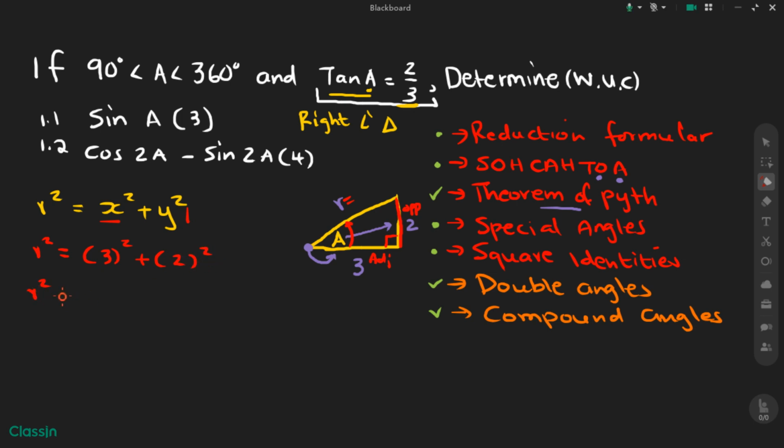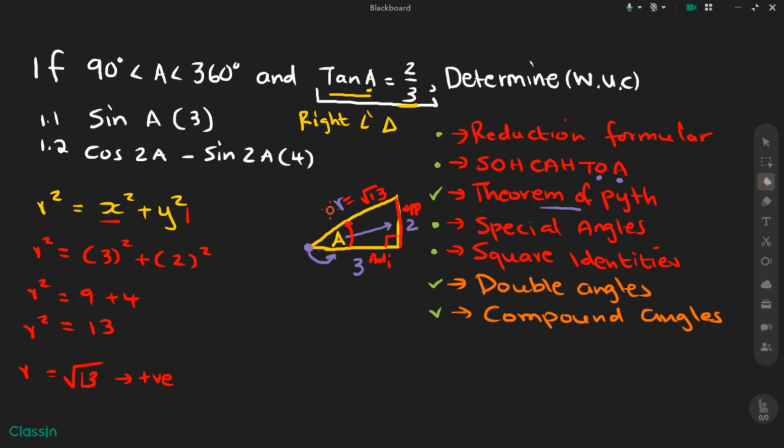If we say r squared equals 9 plus 4, the answer will be 13. Therefore, r squared is equal to 13. Because we are not looking for r squared but for r, we square root both sides, and r is going to be root of 13. I mentioned that r is always positive, so we have root of 13 here.